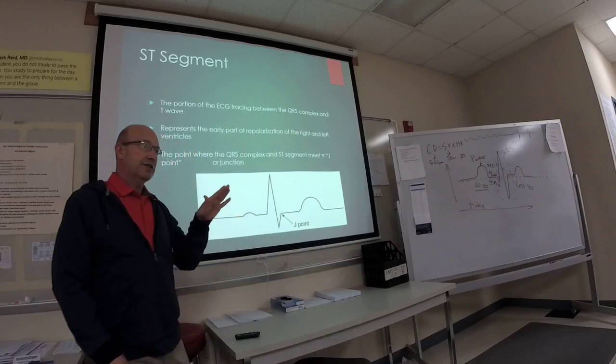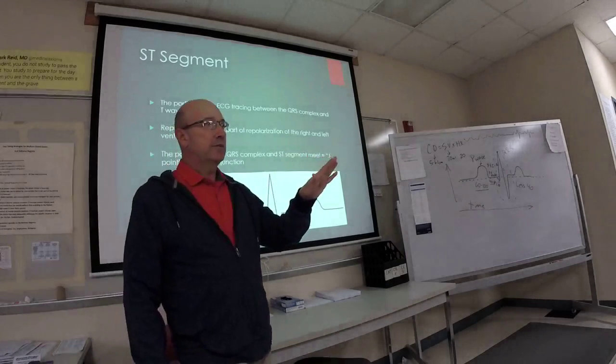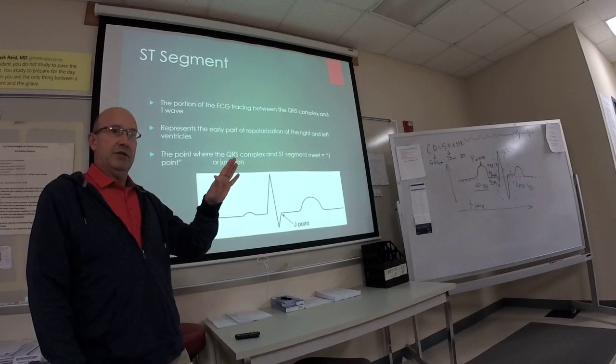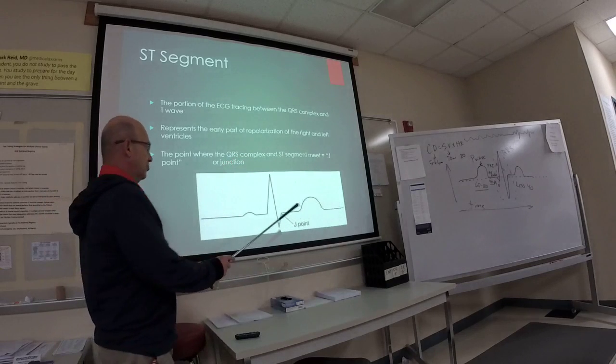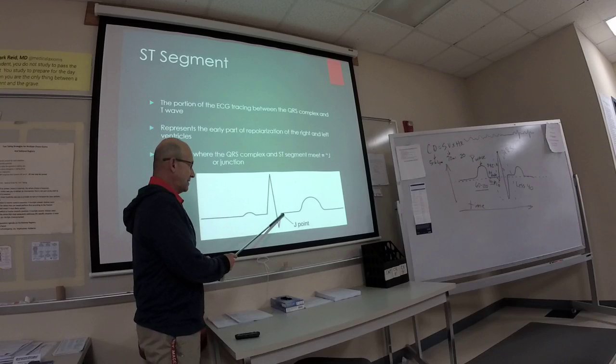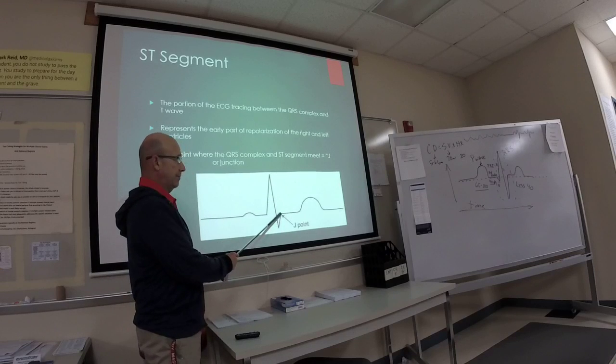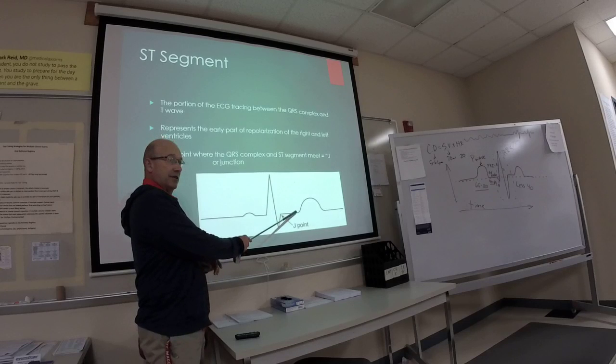A slope could be a sign of early repolarization. So we find the J point, and that's that intersection, in the QRS, where the S wave meets the isoelectric line.